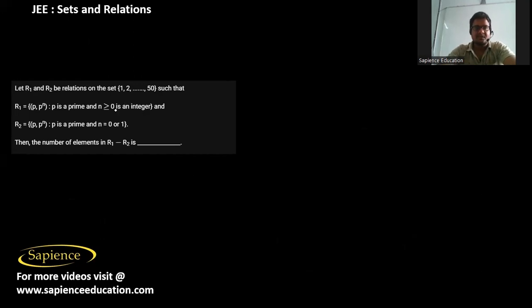Then here it is told, let R1 and R2 be the relations on the set A, which is 1, 2, 3, 4 till 50, such that R1 is the relation which contains (P, P^n), where P is a prime and n is greater than or equal to 0, n is an integer, and R2 has (P, P^n), where P is a prime and n can be 0 or 1.